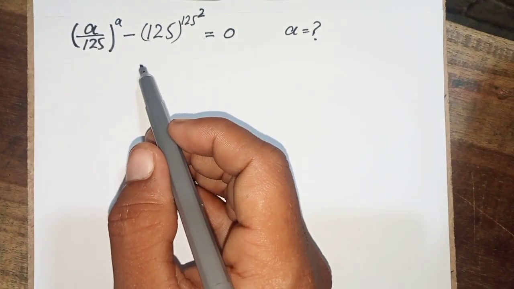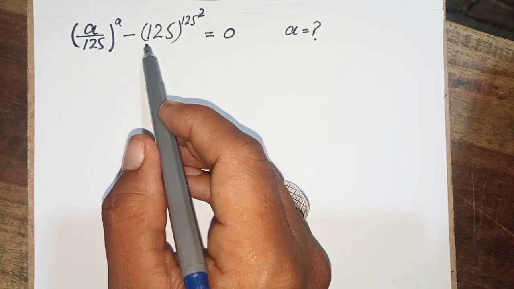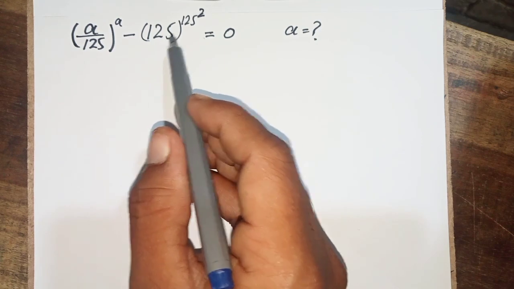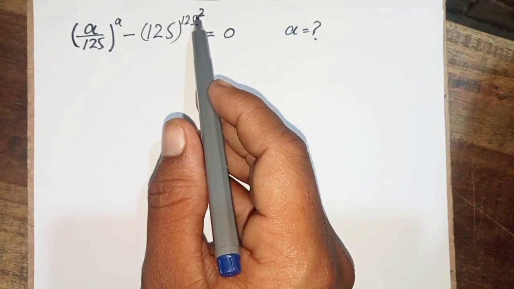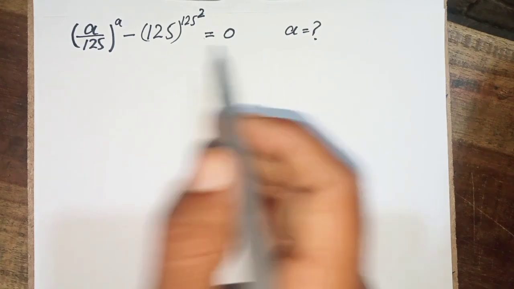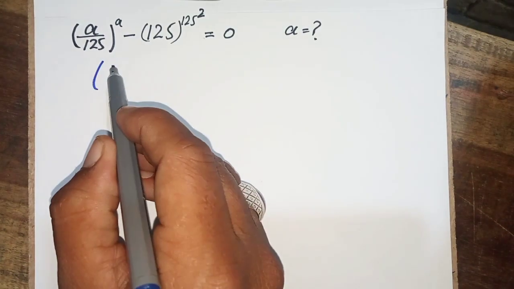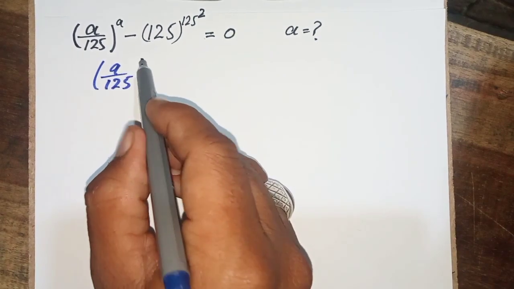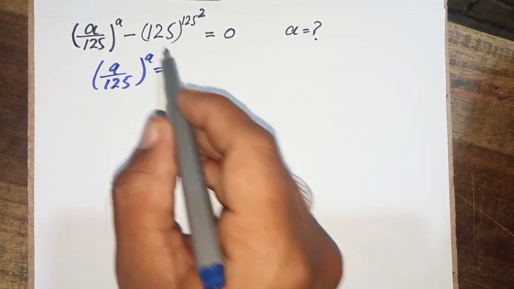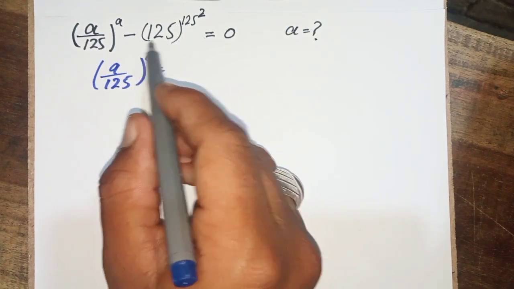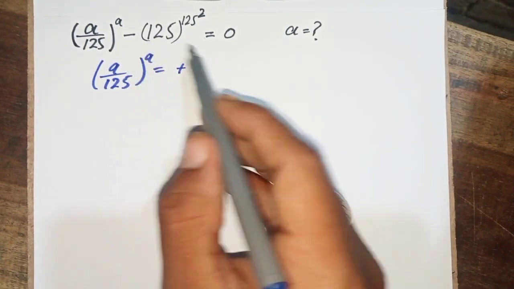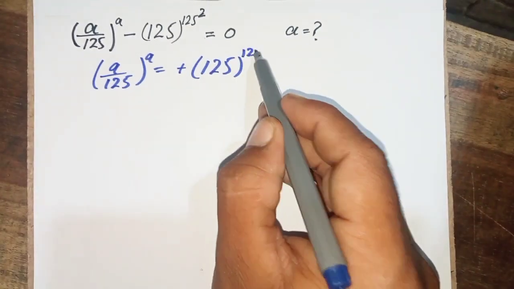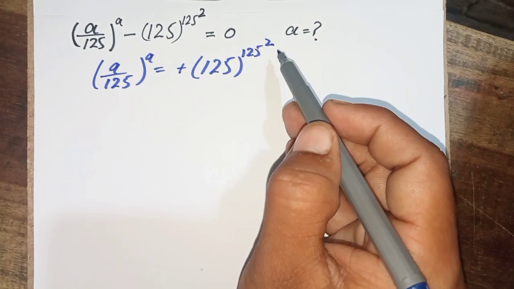So we have to start our lecture. Hello guys, first of all we take this 125^(125^2) to the right side of the equation. It will become (a over 125)^a, and when we take it to the right side it becomes plus 125^(125^2).